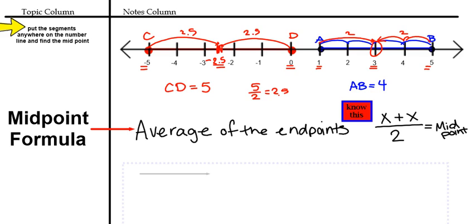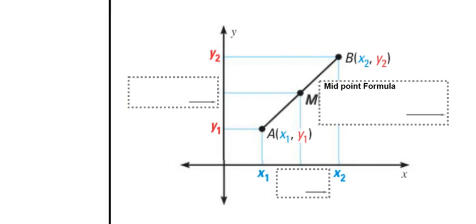And with that being said, we're going to go down here and we're going to look at this graph, because like we had that problem on the last page, we had a diagonal line. Now it turns out that really we still just have 2 endpoints. Here is A and here is B, and we need to find the midpoint between the 2. What we really need to do is find the average of the x's and the average of the y's.